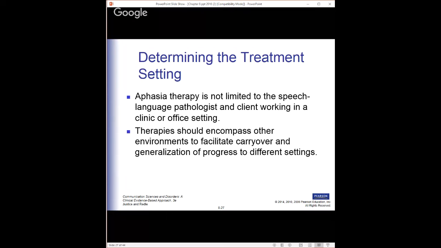Therapies should encompass other environments to facilitate carryover and generalization of progress to different settings. As you can imagine, it would be more difficult to work on activities of daily living if you were not in the person's home where they could actually work on dressing themselves. A group approach is another consideration for treating aphasia.